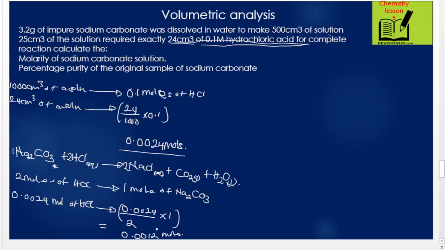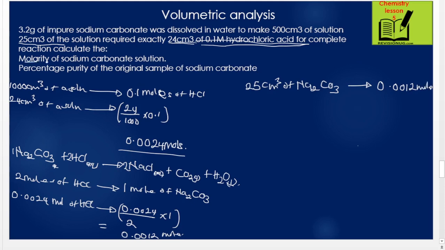These are the moles of sodium carbonate that reacted, meaning that these moles that reacted are the moles that are involved in 25 cubic centimeters. Therefore we conclude and say 25 cubic centimeters of the sodium carbonate contain 0.0012 moles, right?